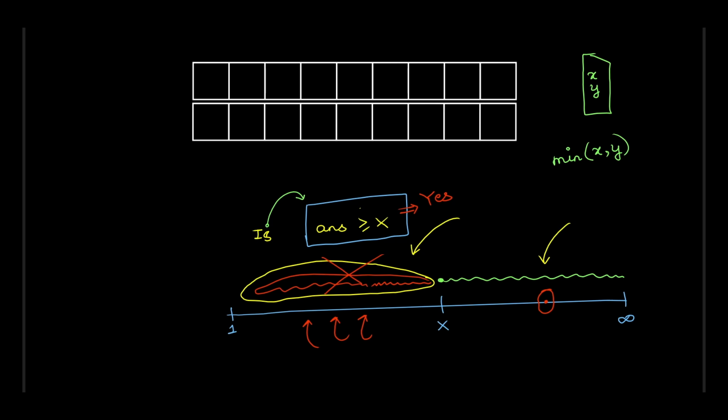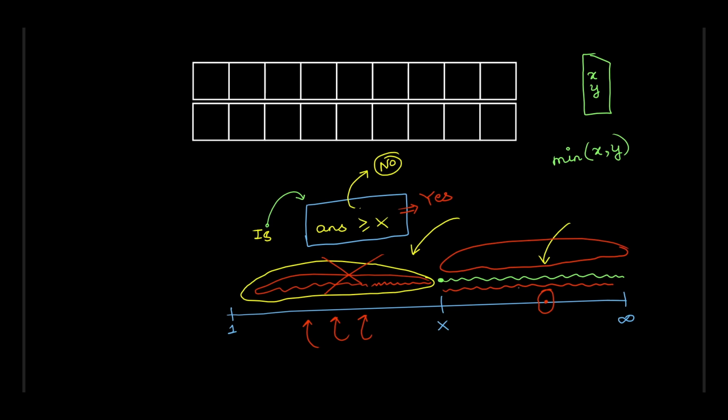But then you also have to prove to me that if the answer is no, then you can discard the right half. So let's say the answer for this question is no, that there is no configuration in the world where the answer is on this right half. Then can you actually discard this entire right half?